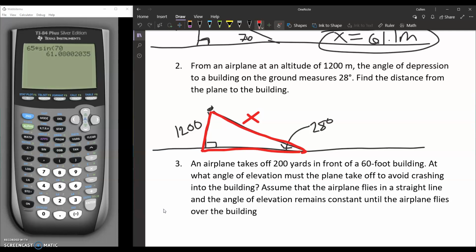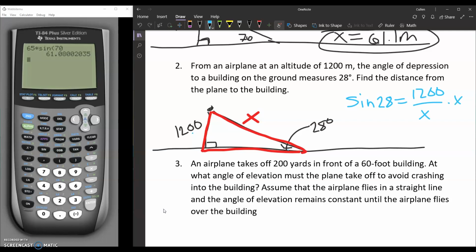So let's go ahead and set up our ratios like we always do. This one is going to be another sine problem because the 1200 and the x, 1200 is opposite, and x is hypotenuse. So 1200 is opposite, x is hypotenuse.